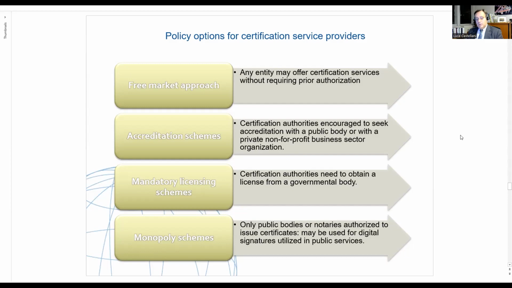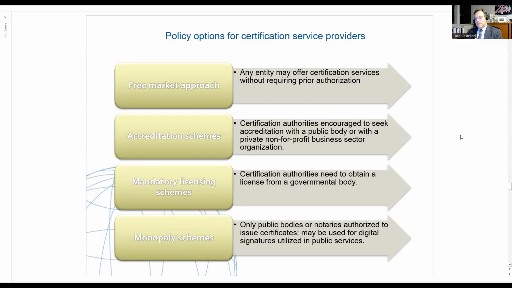Or even if there is a desire to increase the level of regulation from the government, there could be mandatory licensing schemes, so that the various providers would have to apply for a license, and otherwise they cannot provide services.